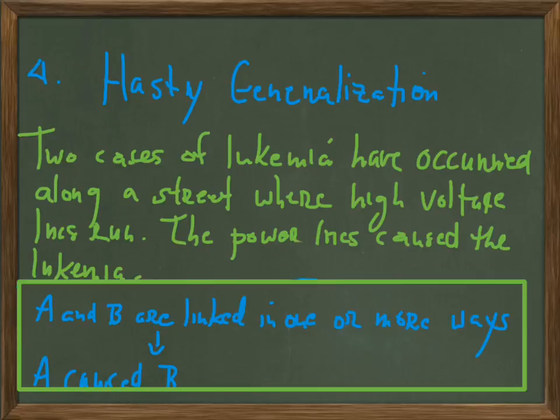Then we could make the hypothesis that high voltage lines caused leukemia, and we would set out to prove whether that was true with more studies. But here we are making a definitive conclusion: the power lines cause leukemia.